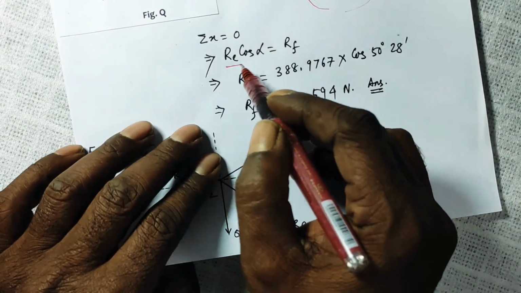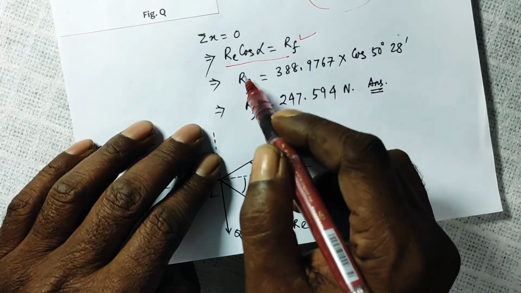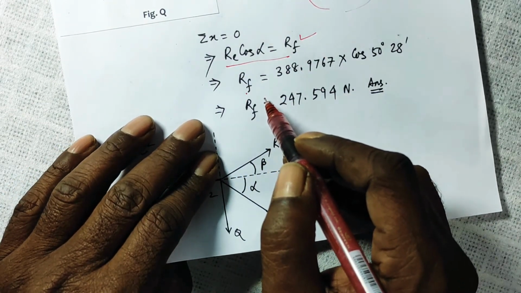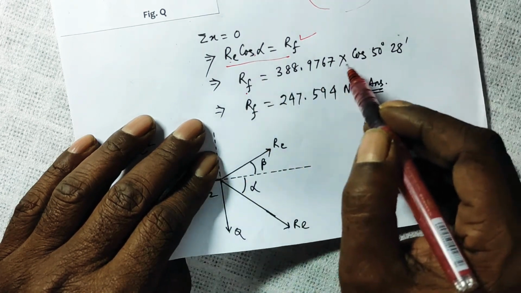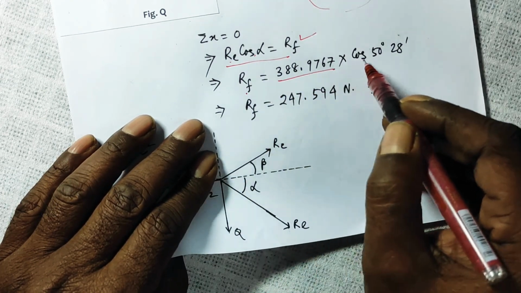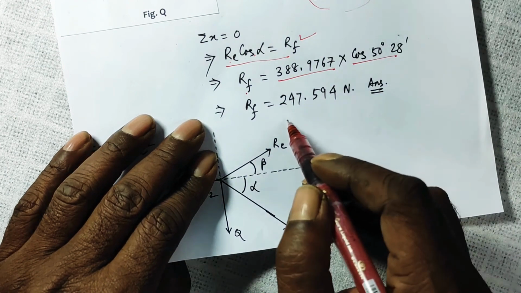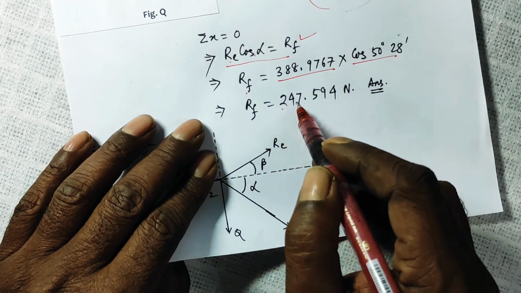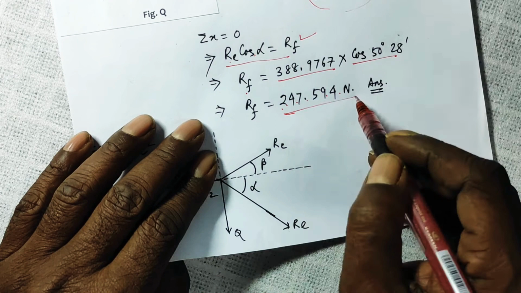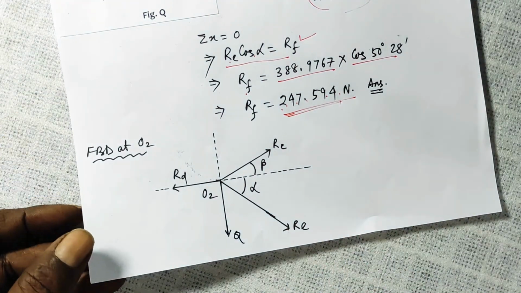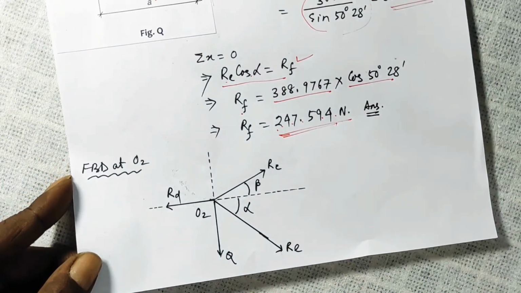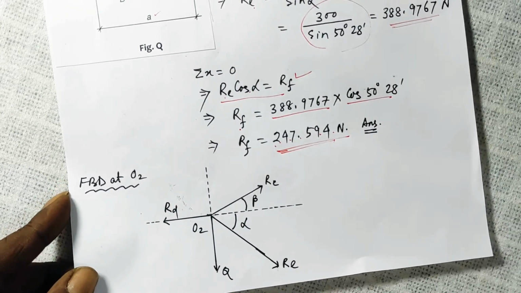So RF is equal to RE, which we just found out, times cos alpha. Putting the value, this comes out to be 247.594 Newton.